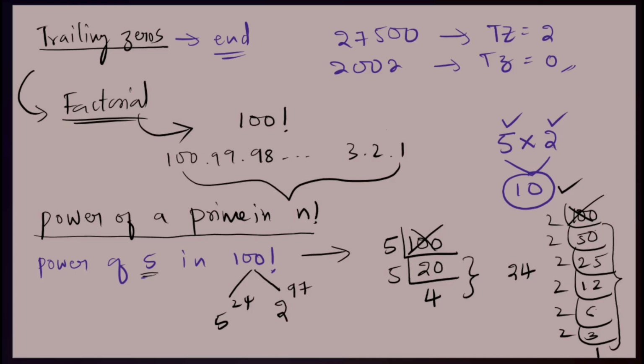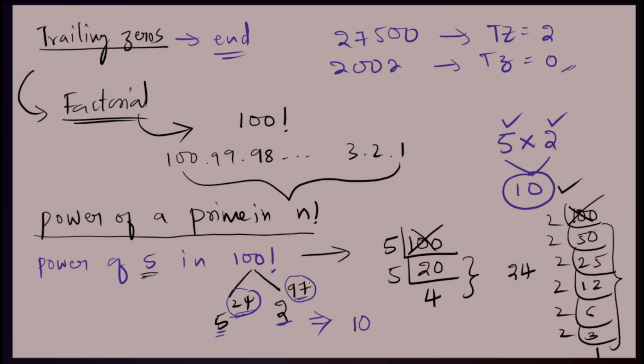So in 100 factorial, now you know the power of 5 and the power of 2, so you can know how many zeros can be formed. There are 24 5s and 97 2s. Each 5 and each 2 will give you a 10. So 24 5s you have, and in the 97 2s you also have 24 2s.